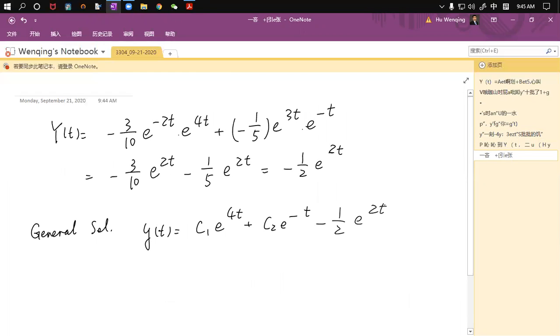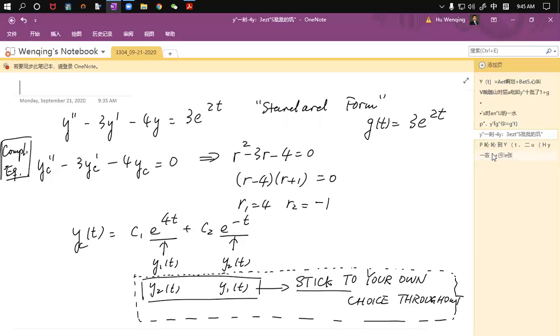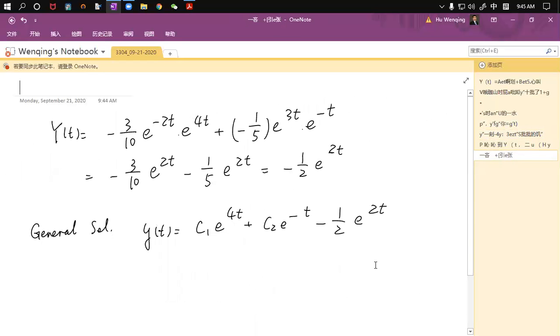Is that good for everybody? So you have the general solution and your particular solution. And this actually agrees with our calculations in our previous lecture. You can go to the video for the previous lecture and you're going to find this example, and that's the same solution. Is that good for everybody?